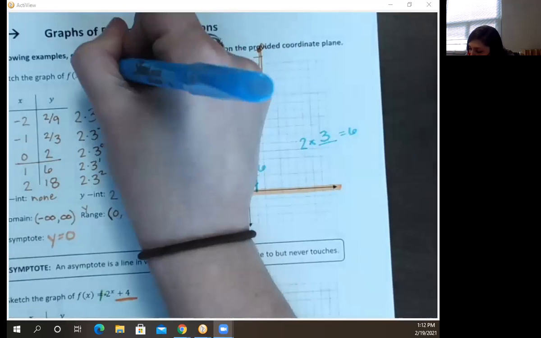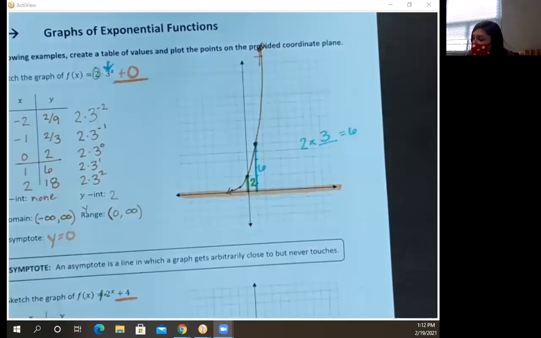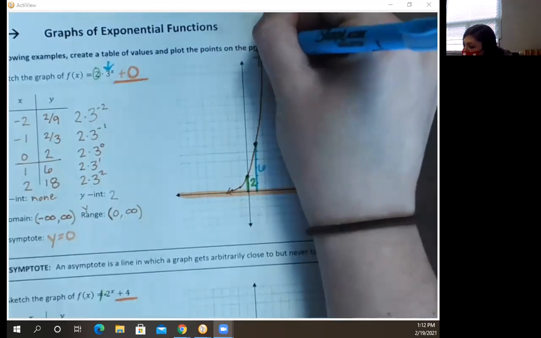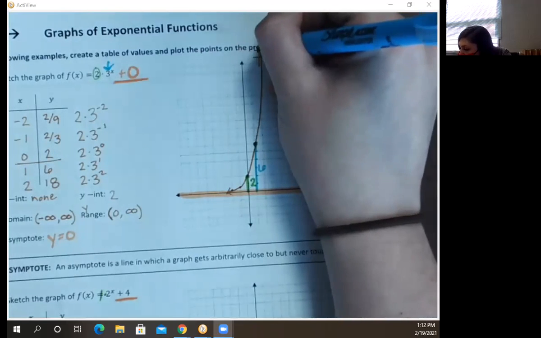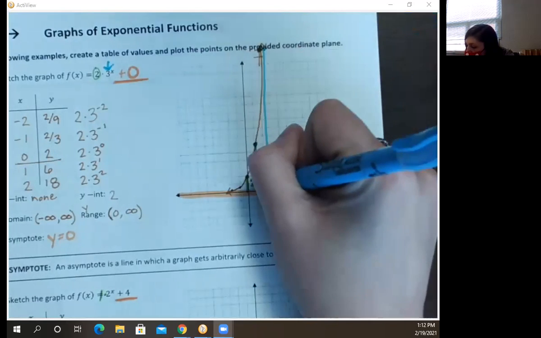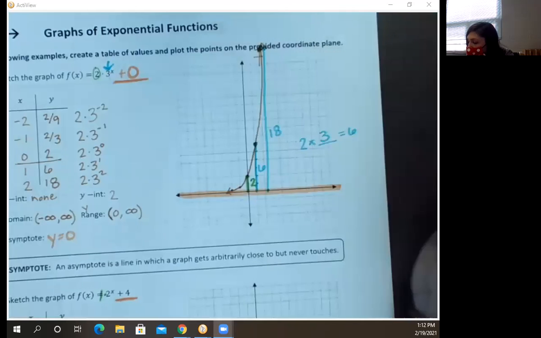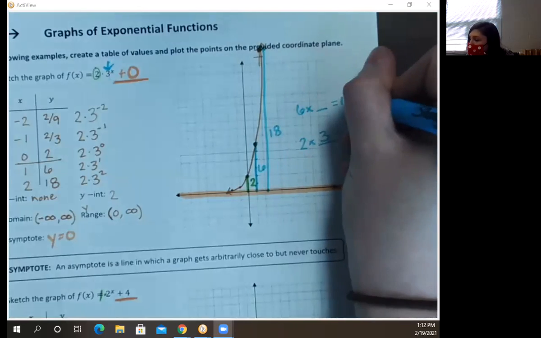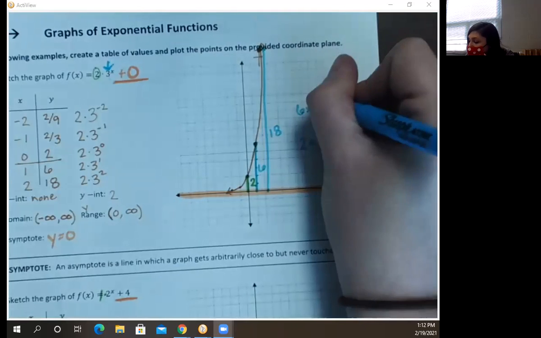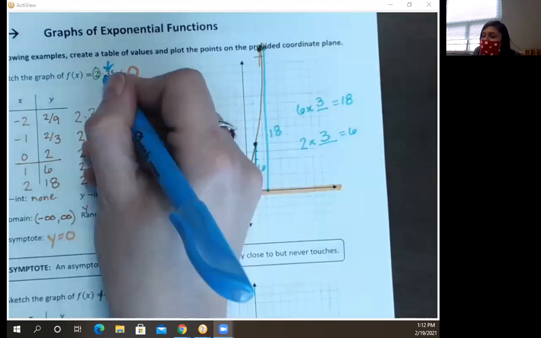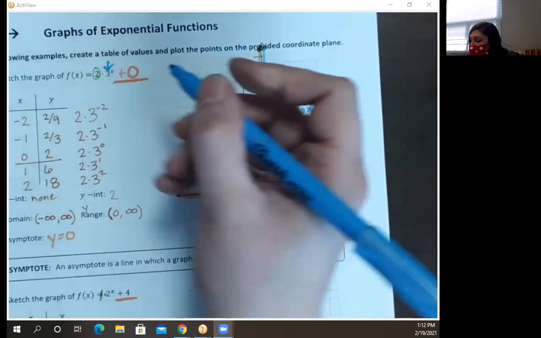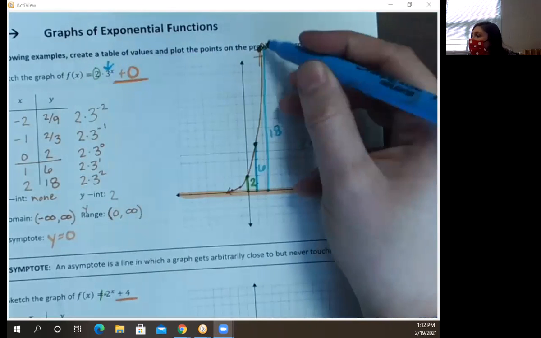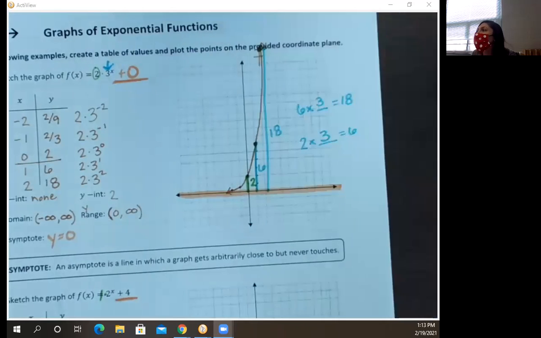That's this guy. If I look at the next point on the graph, remember this was up at 18 away. 6 times what gives you 18? 3 again, right? So this tells me as I move forward, how far away from the asymptote that next y value is going to be.